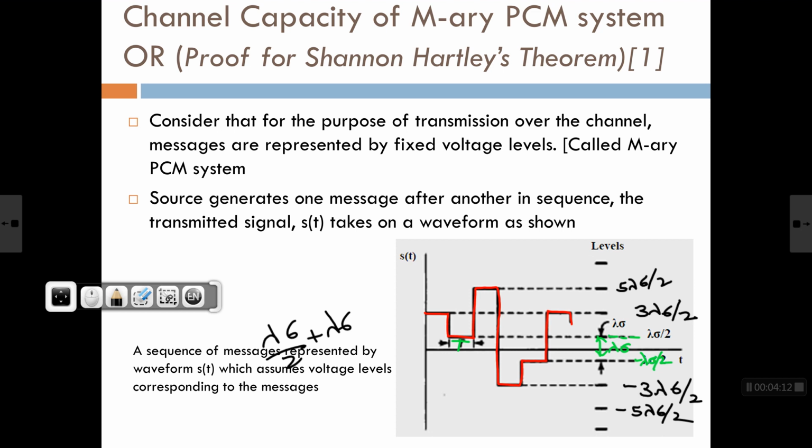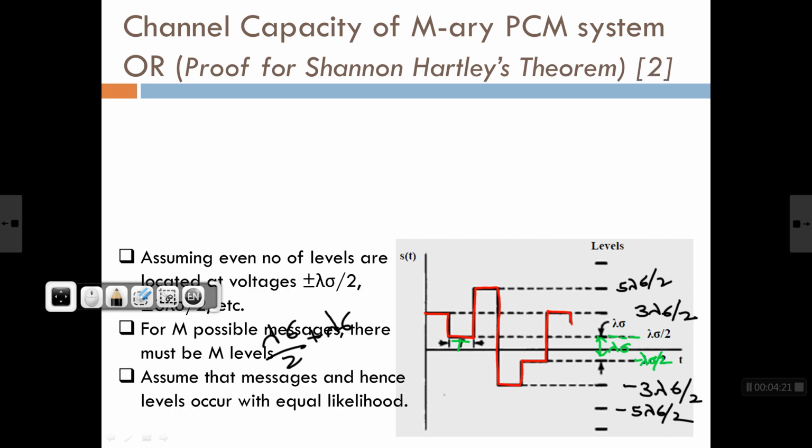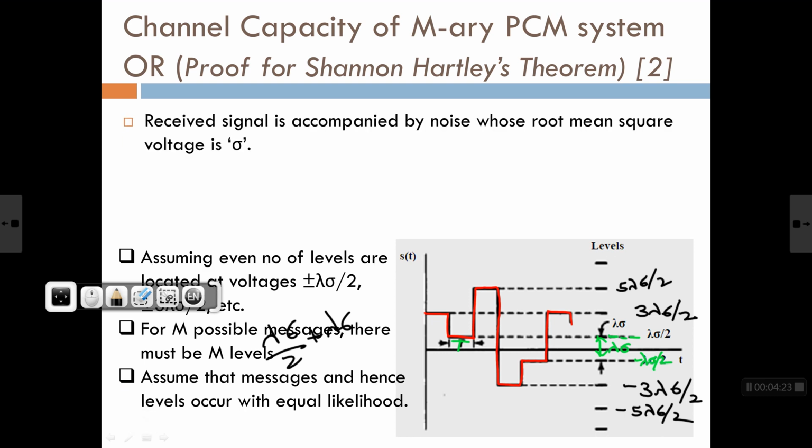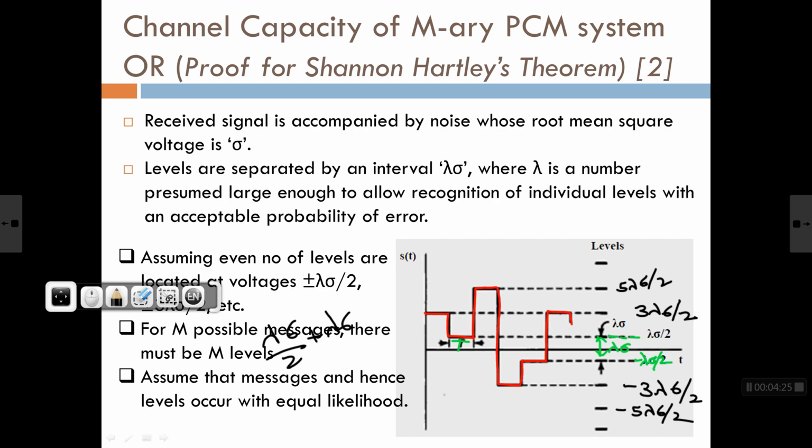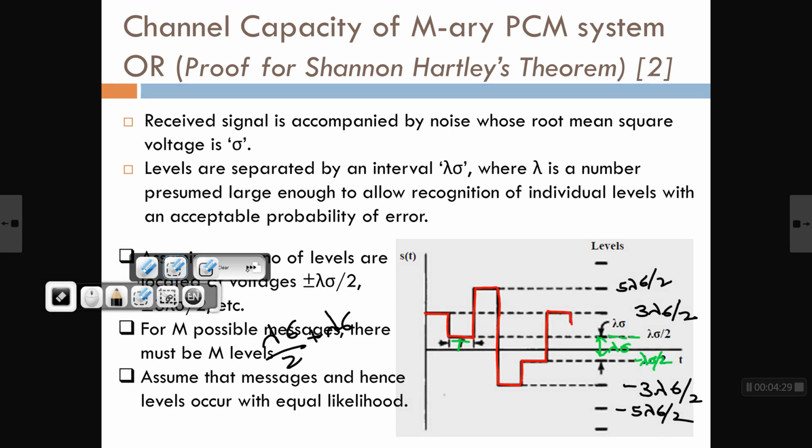So this is the sequence of messages represented by the waveform s(t), which assumes that different voltage levels correspond to different messages. Now the received signal is accompanied by noise, and this noise will be affecting the signal.